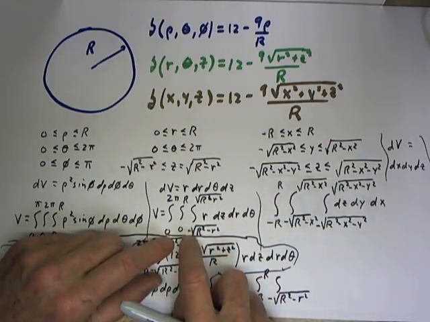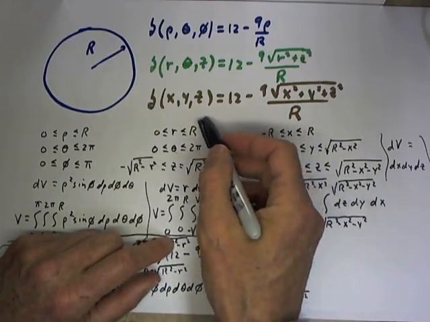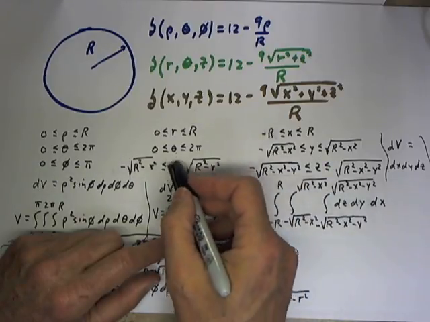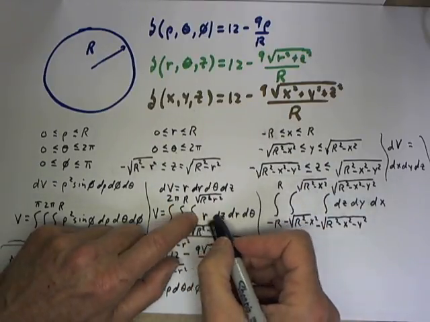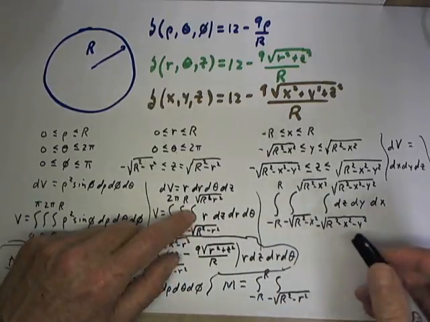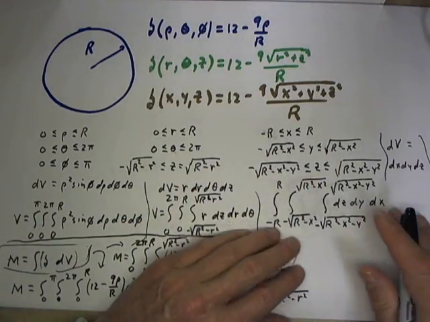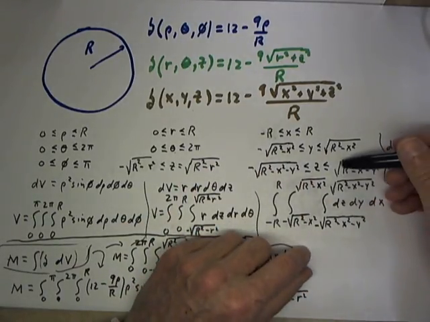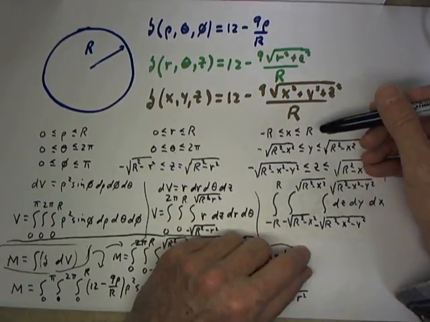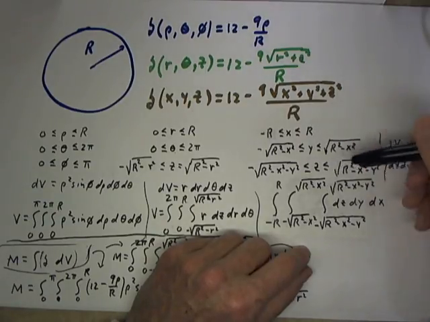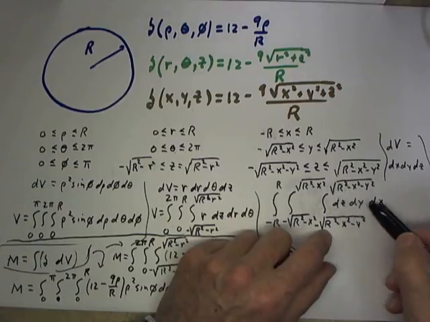Okay, in cylindrical coordinates, again, we set up our limits on the integral according to our inequalities, and we integrate the volume increment. And the same in rectangular coordinates. The inequalities we choose with which to describe the region dictate the order of our integration.